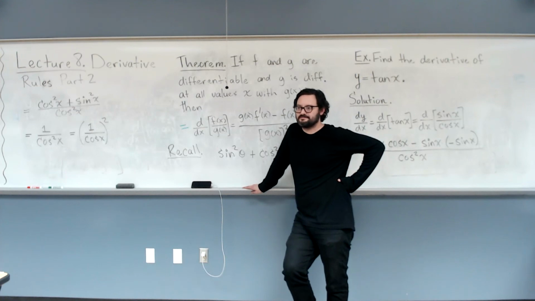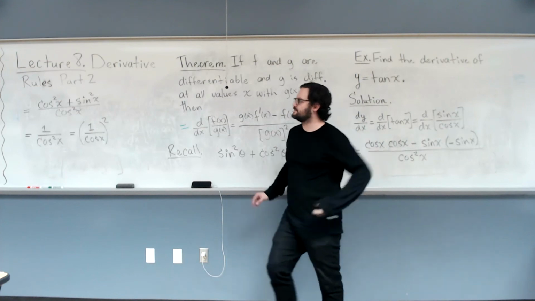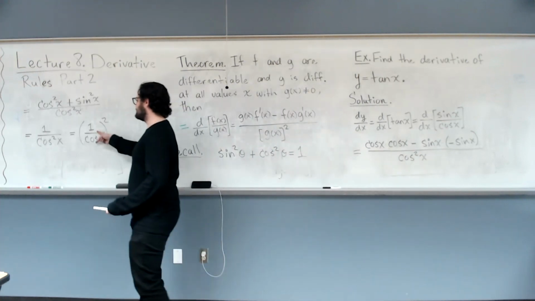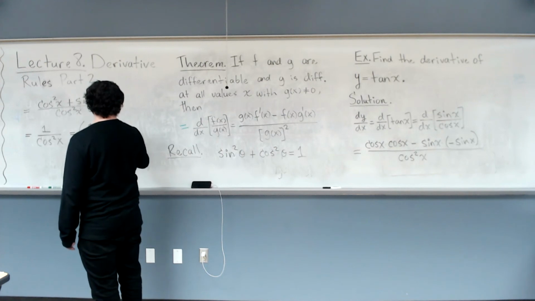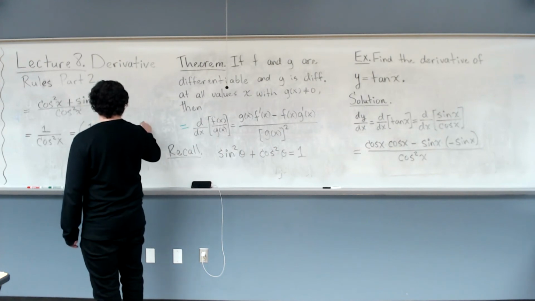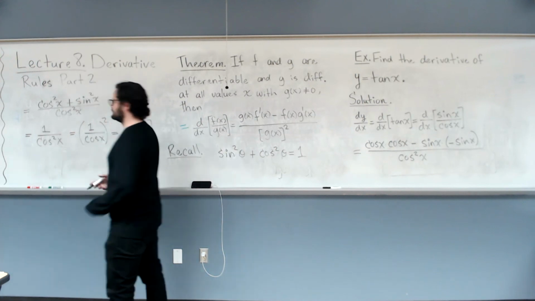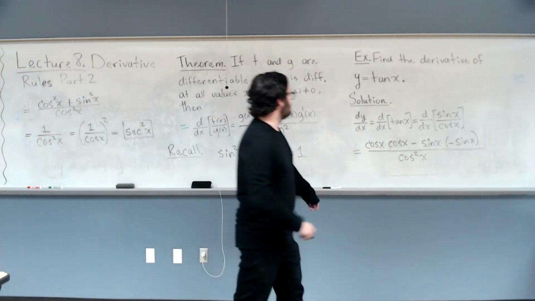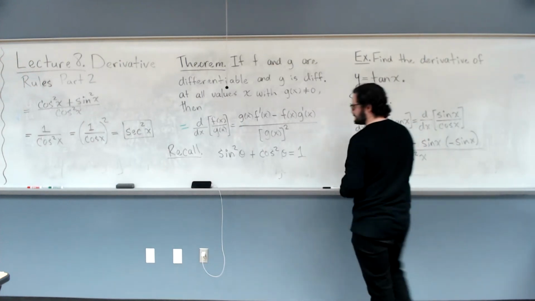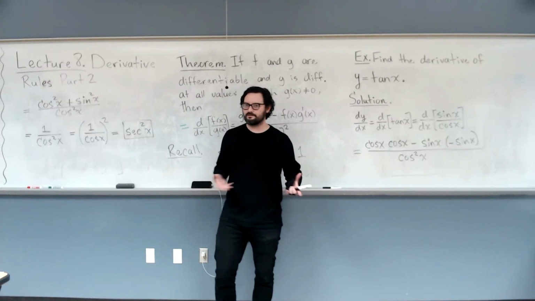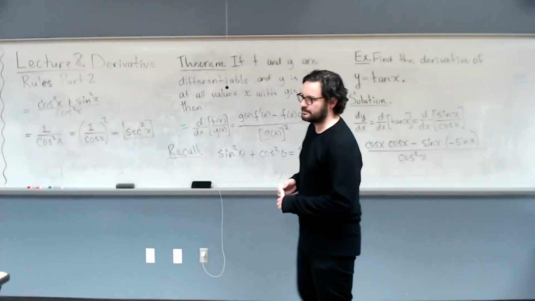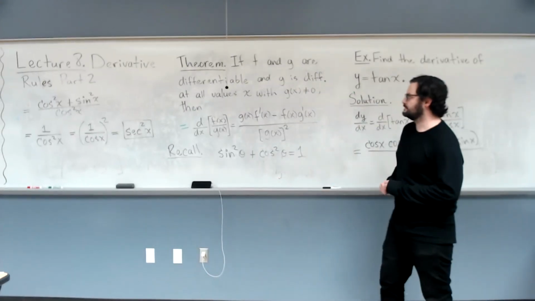Secant, right? 1 over cosine is secant. So this is really secant all squared. So the derivative of tangent x with respect to x is actually secant squared x, whenever you're considering a domain where it's defined, where cosine is not equal to 0.